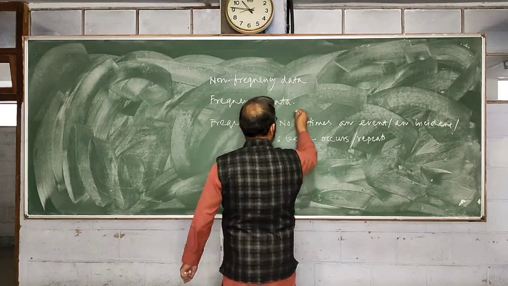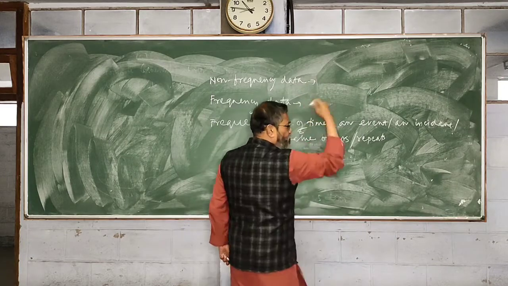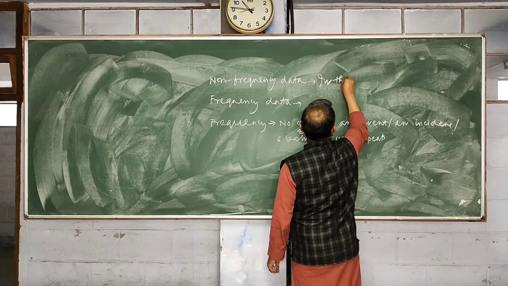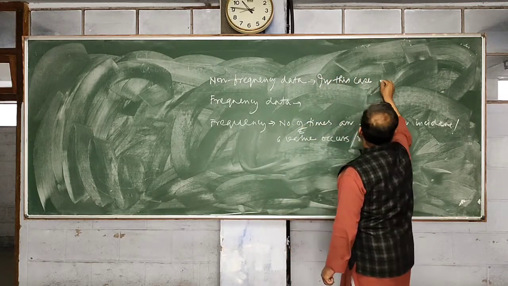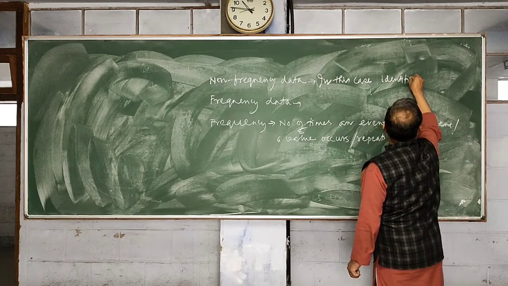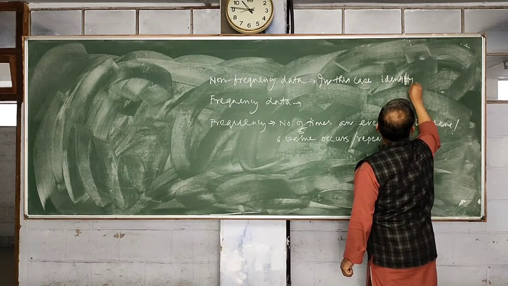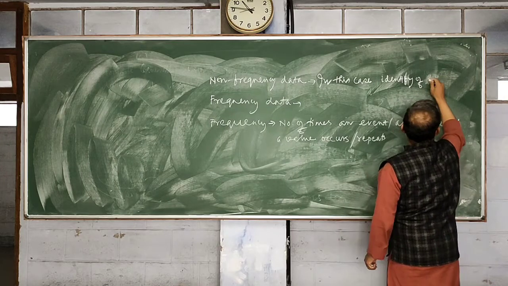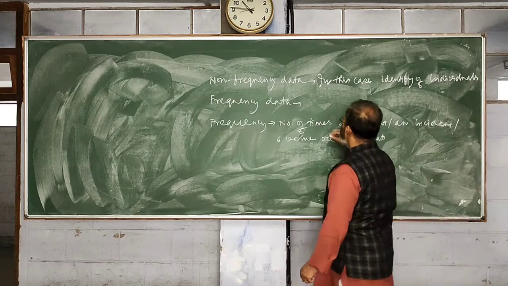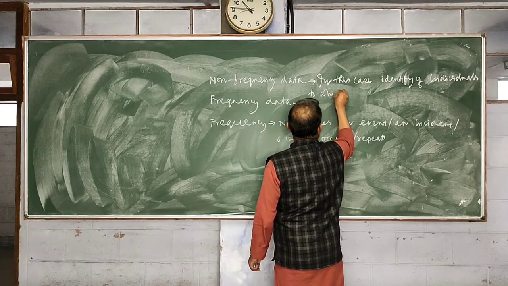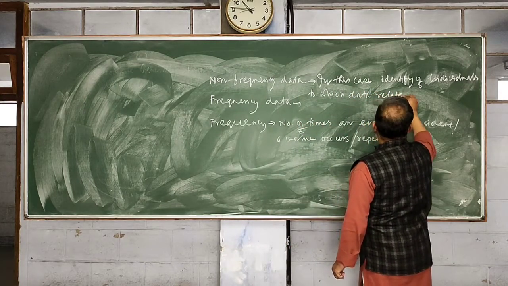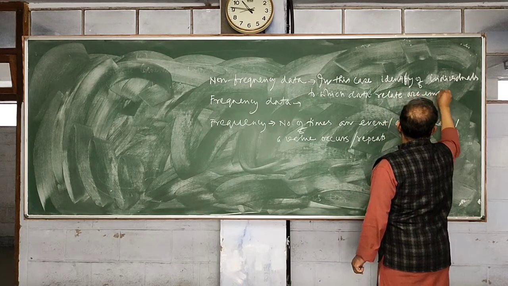So remember it, frequency data and non-frequency data are opposite. In non-frequency data, the identity of individuals to which data relate are important.